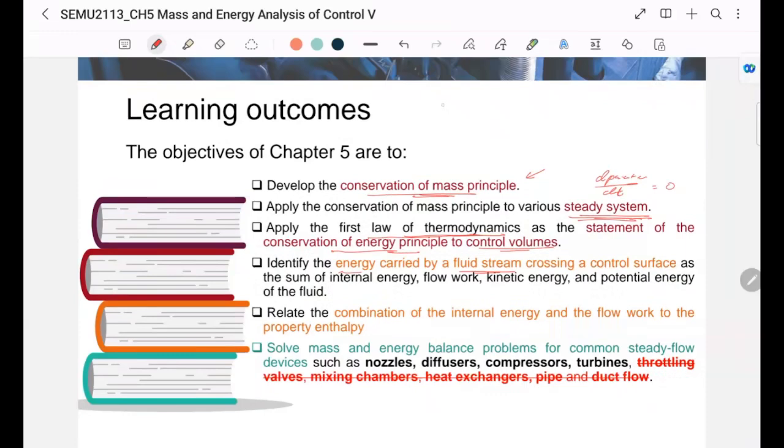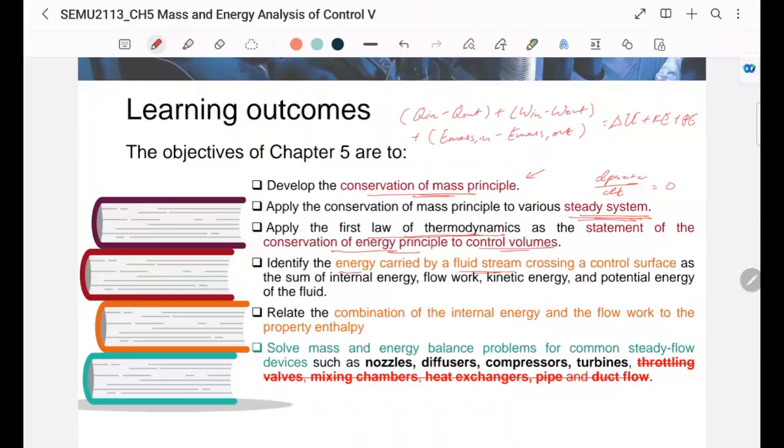And if you still remember the full equation that we were using in chapter 4, we basically write it in a way that Q in minus Q out plus work in minus work out plus E mass in minus E mass out, this whole thing equals the change in the internal energy plus kinetic energy plus potential energy.